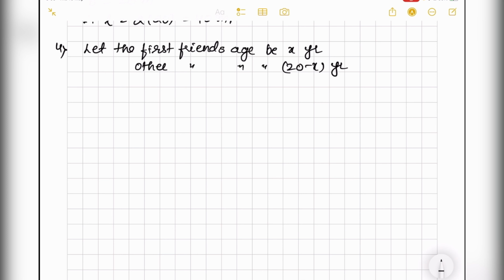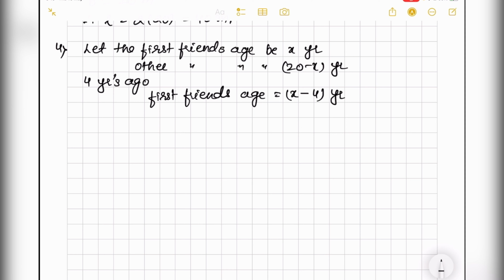4 years ago, the product of their ages in years was 48. Okay, so 4 years ago, first friend's age was whatever today, that is x minus 4 years, and second friend's age will be 20 minus x minus 4, so that is 16 minus x.